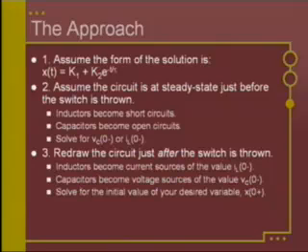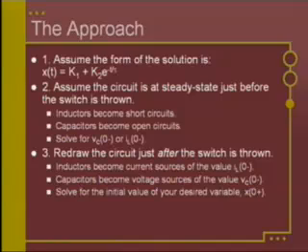Now what's going to become interesting, or odd I suppose, is that we're going to take the inductors and capacitors out of the circuit, and we're going to replace them with just normal independent sources. If it's an inductor, we're going to replace it with a current source of the value I sub L of 0 minus.